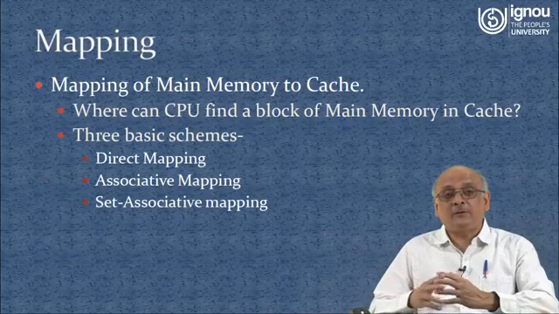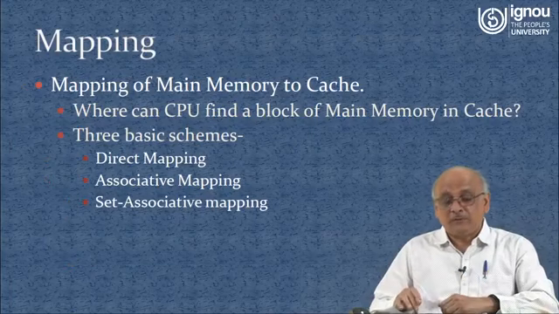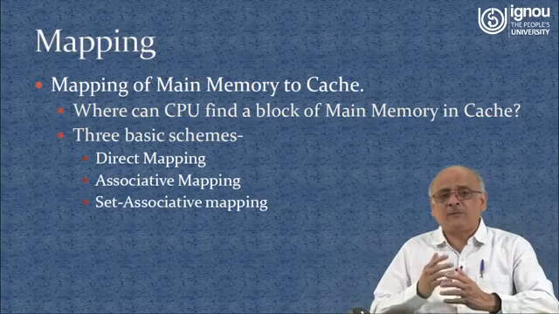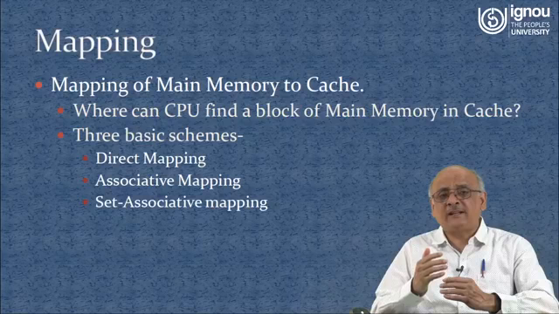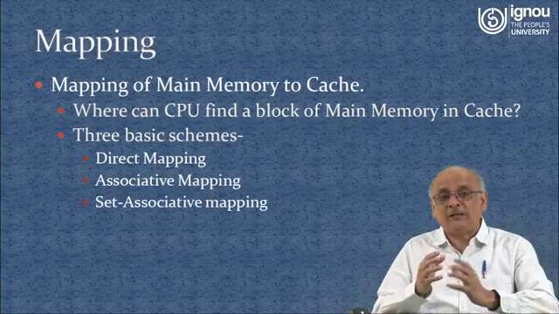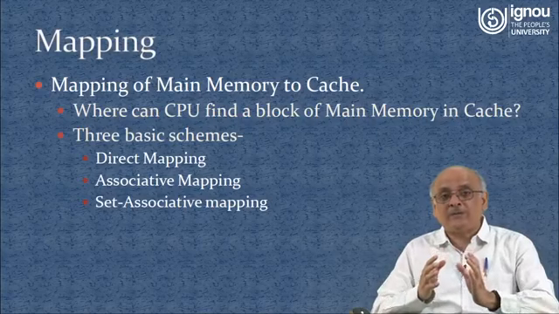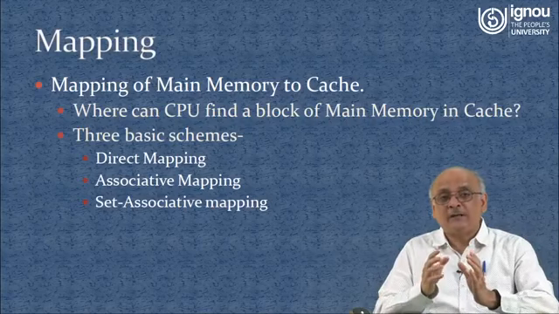So let's look into the mapping scheme. The first thing we really need to understand is that mapping is basically how main memory blocks, main memory words, are referred to in terms of the address.